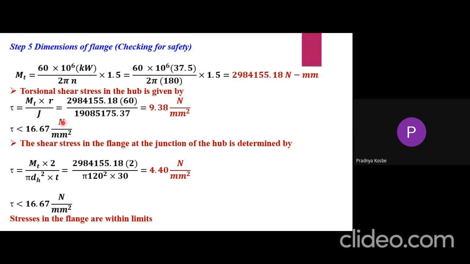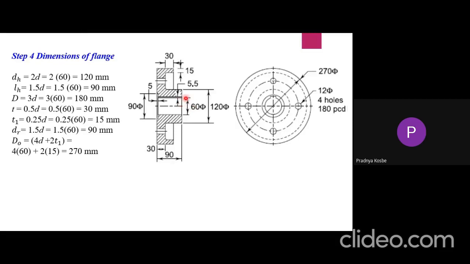So J will be equal to pi by 32 into dH raised to 4 minus D raised to 4. Over here you can see, this is the outer diameter of the hub, which is 120 mm, and the shaft is inside the hub.